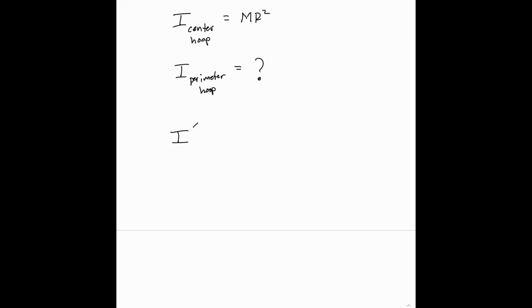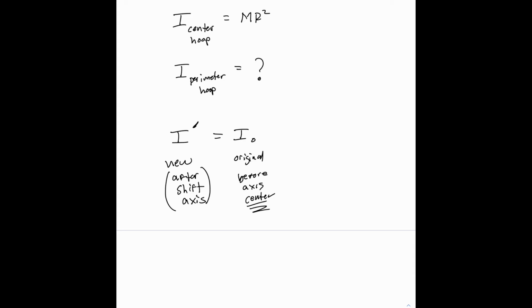It says I prime, which is the new rotational inertia after we've shifted the axis, should be equal to the original rotational inertia before, when the axis was through its center. That's the key. I naught always represents the rotational inertia for the object with an axis passing through its center.